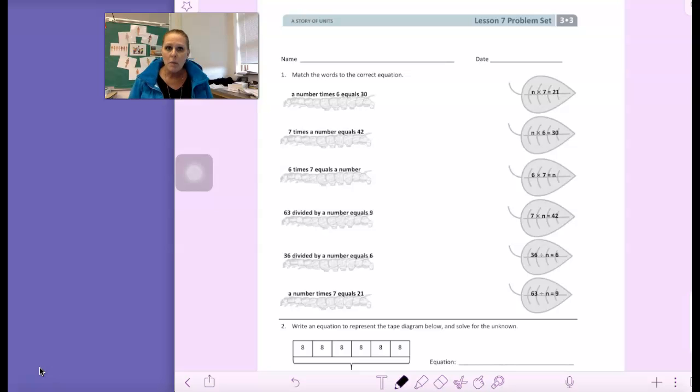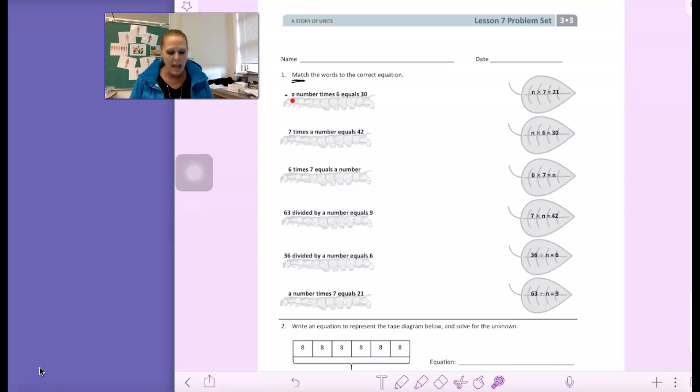So number 1 says match the words to the correct equation. When you see the word match in directions, that means you're drawing a line to match things, okay? So the first one says a number times 6 equals 30. We need to make sure that the sentence that we are choosing over here matches this phrase exactly.